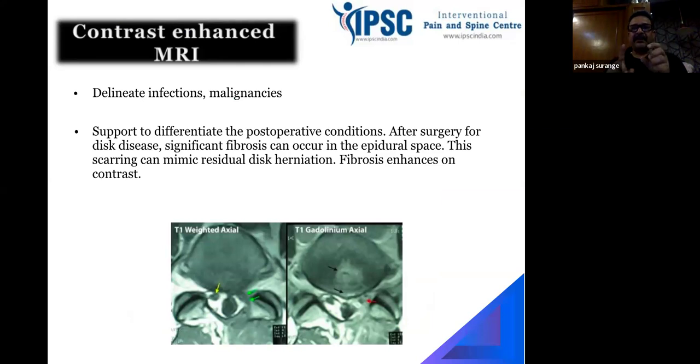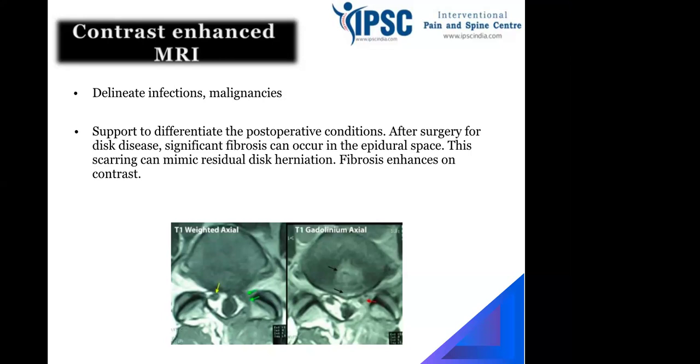Remember, any patient who comes to you with dorsal spine pain, especially night pain, acute onset pain, you must suspect three things: either fracture, or metastasis, or third is infection.